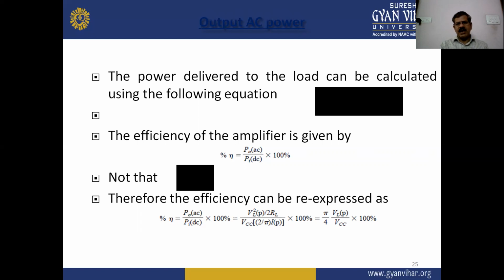Therefore the efficiency can be re-expressed as eta equal to P_o(AC) upon P_i(DC) into 100%, or equal to V_LP squared upon 2R_L divided by V_CC into 2 upon pi I_P into 100. So this will be equal to pi upon 4 into V_LP upon V_CC into 100. So the efficiency can be re-expressed by this formula.